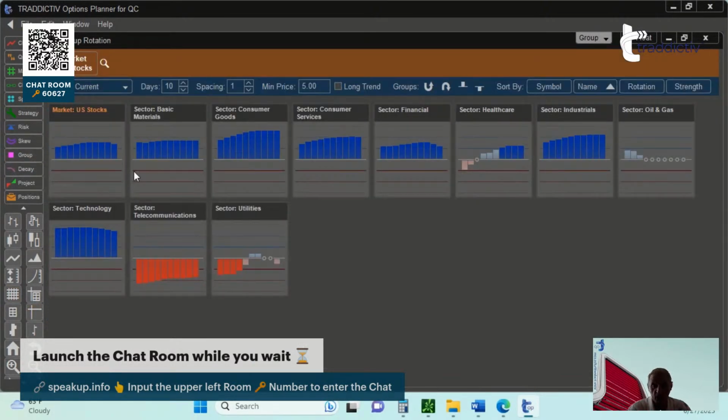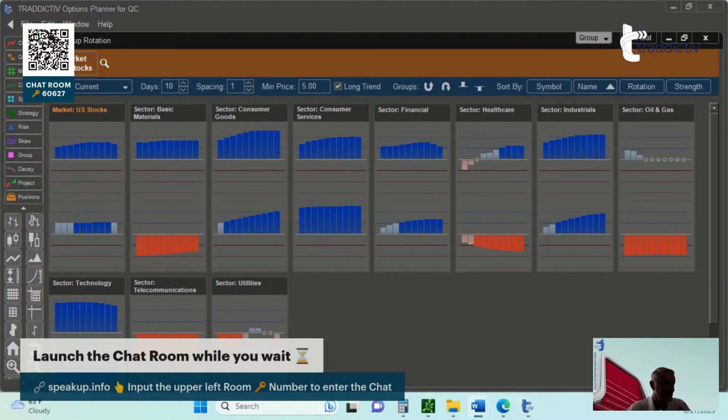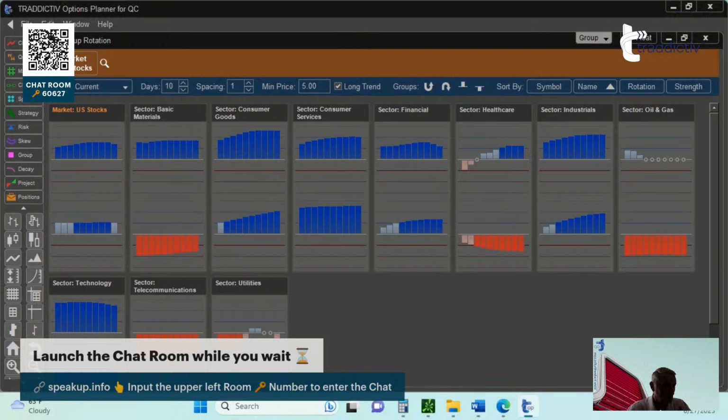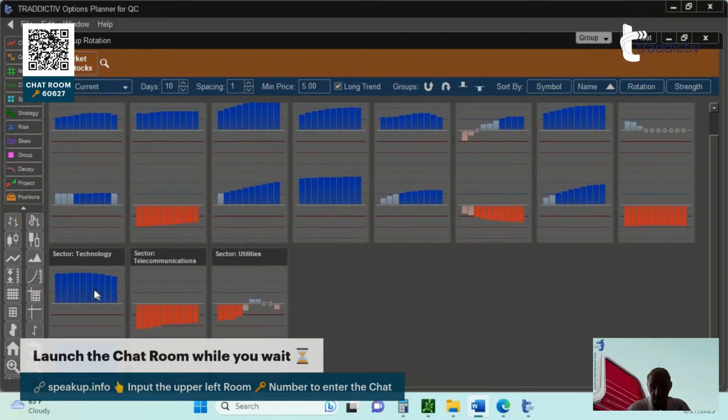Under the group, I'm going to point out that you have different sectors, but within the different sectors, this is what you should also look at: the longer-term trend, right? Not just something that is temporary. When I'm looking at this, be aware that in this case, technology is the one that is all in green.